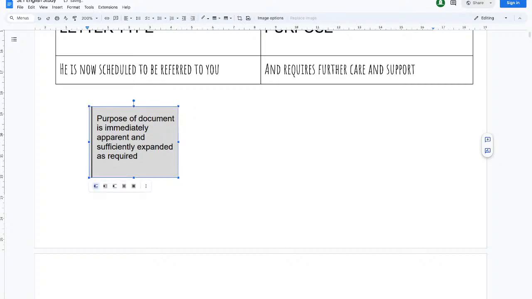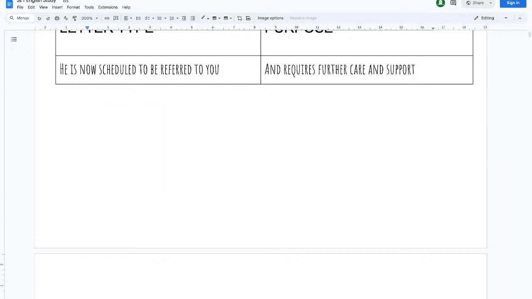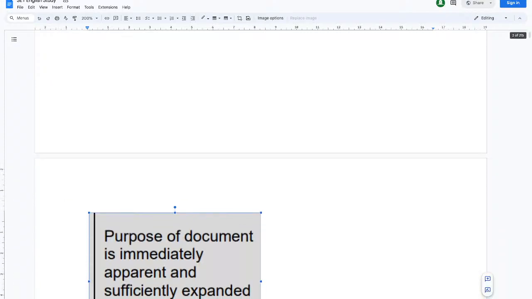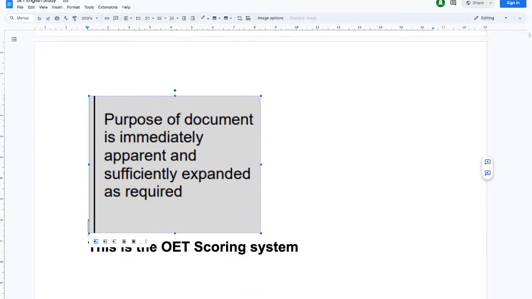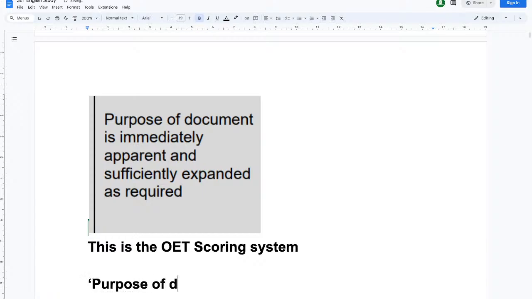So purpose. What does purpose mean? Well, it's simple. It's a simple point, but actually a very, very important one. Okay? Purpose of document is exactly what you said. Document, guys, document equals, well, let me just get it from Facebook.